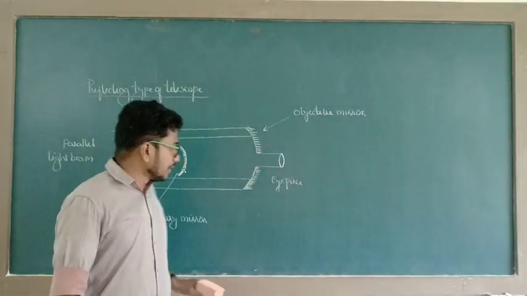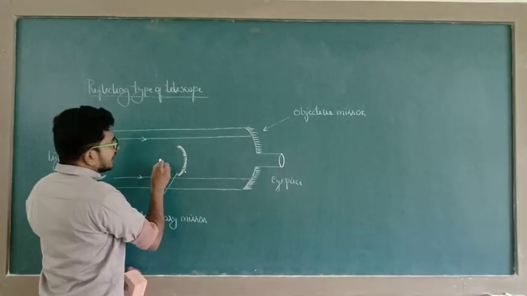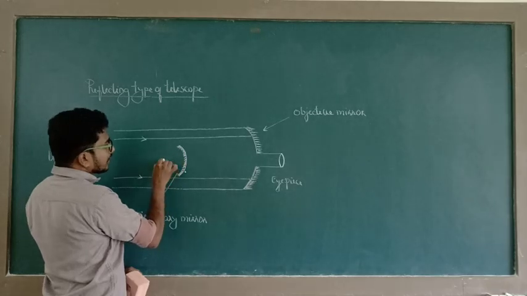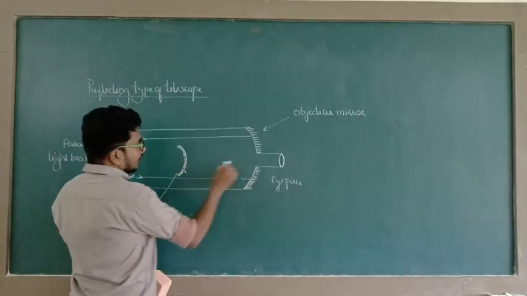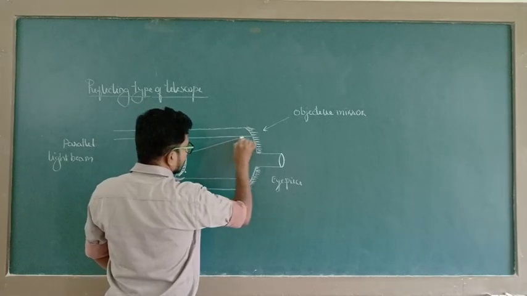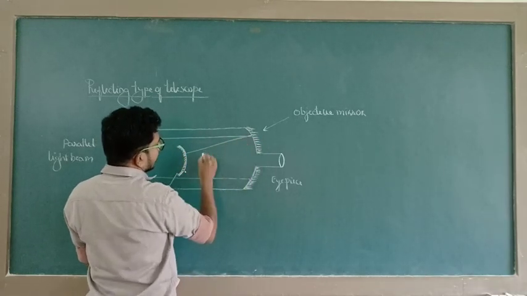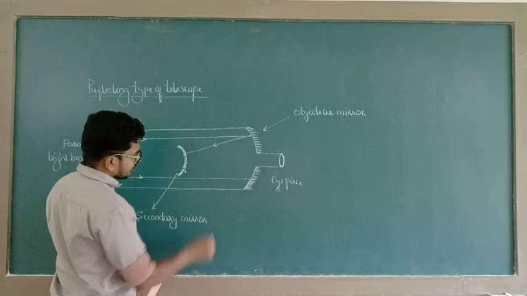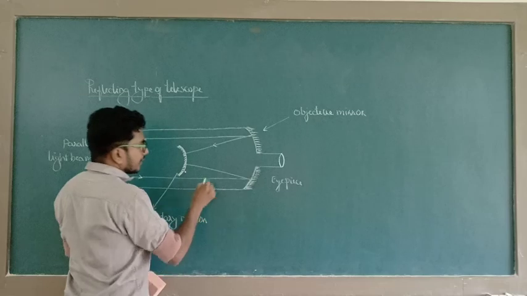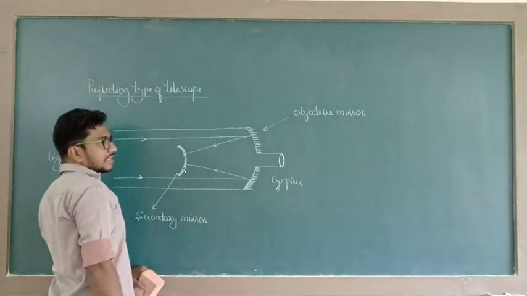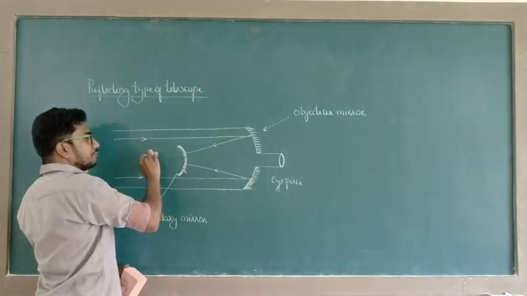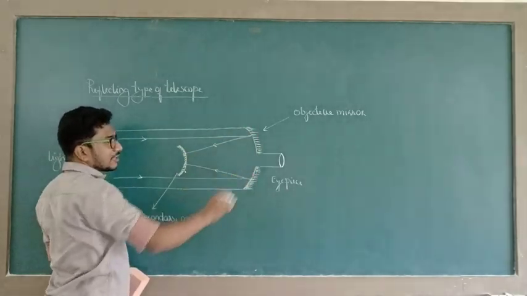So let us say the principal focus lies somewhere behind this convex spherical mirror. Now the direction of the reflected light ray, another reflected light ray. See here, by proceeding these reflected light rays, finally they are going to meet at the principal focus of the concave mirror.